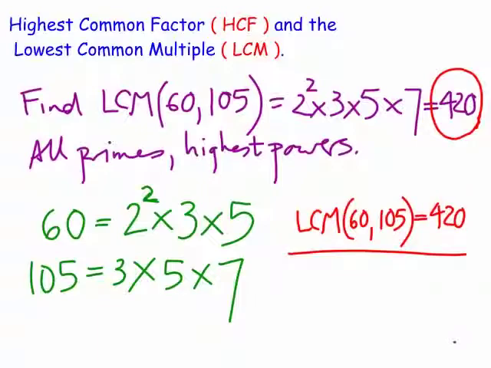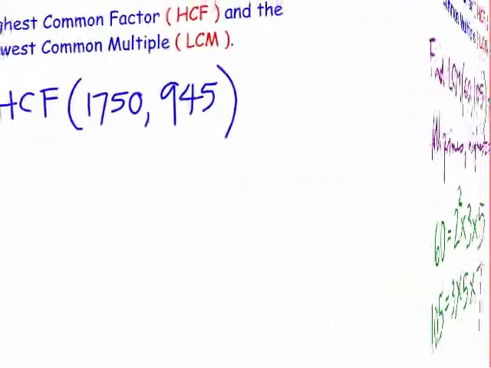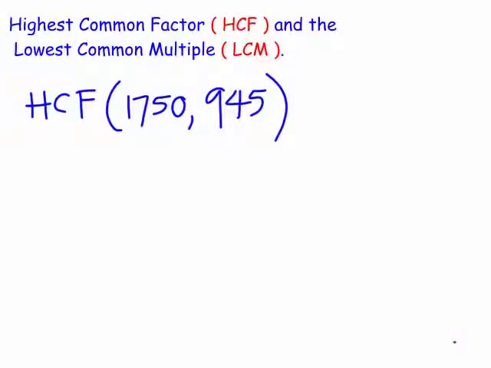Okay, so let's do a harder example now. We're going to find the HCF and LCM of these two numbers, 1750 and 945. Let's go through how we do this. The first thing you do is the factor trees. So that's 1750. Most of us can see that's obviously divisible by 10, 175. We know 10 is 2 times 5.